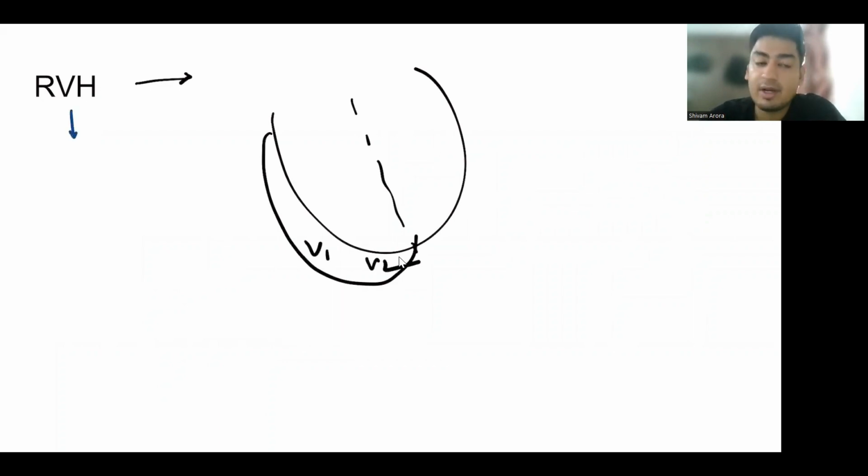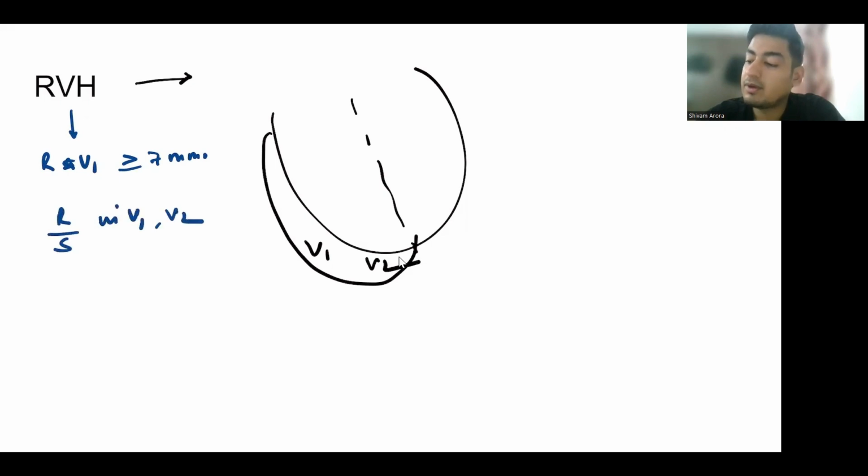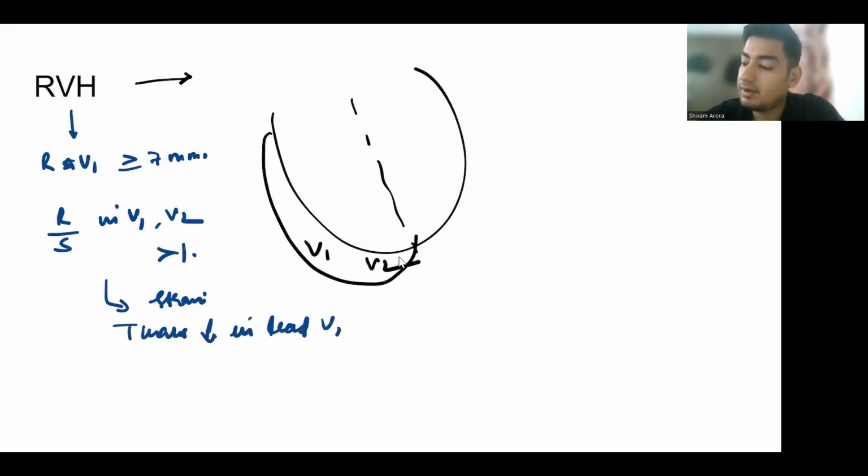So the criteria for RVH is R in lead V1 should be more than or equal to 7 mm, or R to S ratio in lead V1 or V2 should be more than 1. Clear? Also, we will be seeing the strain pattern, that is T wave inversions in lead V1.